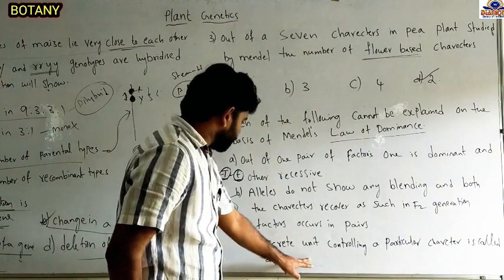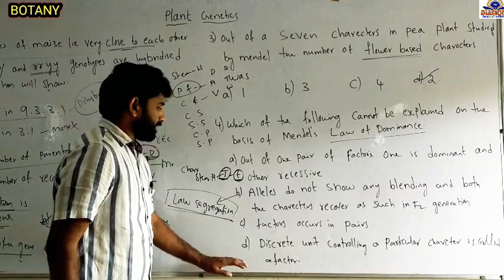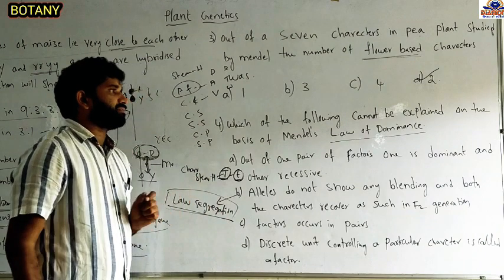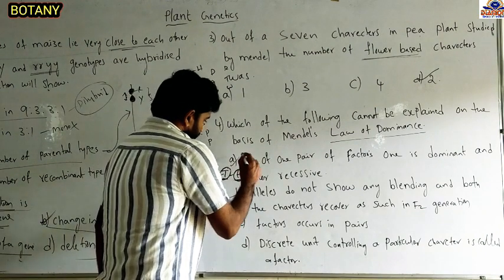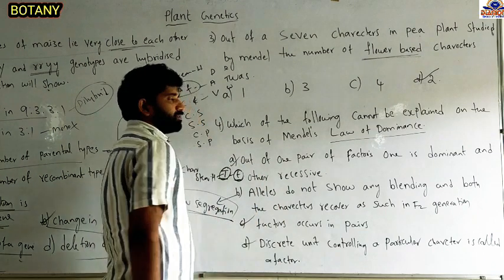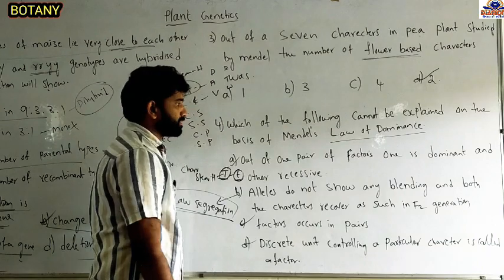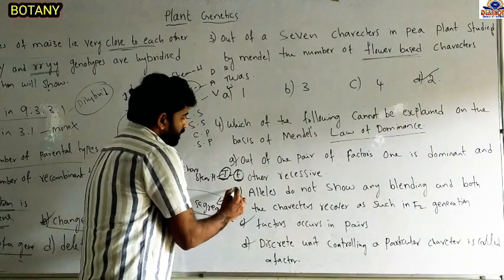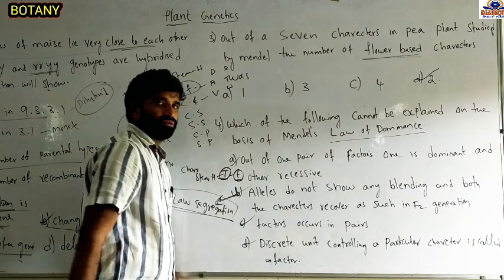And a discrete unit controlling a particular character is called a factor. So options A, C, D show the law of dominance and option B is the law of segregation. So out of the given four options, the law of segregation belongs to D. So the answer is D only.